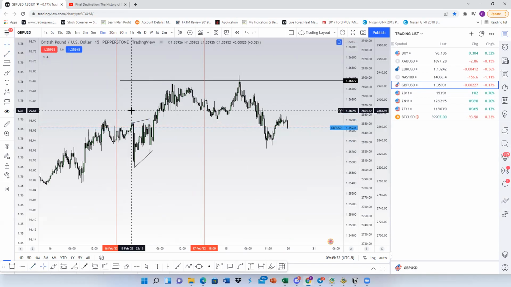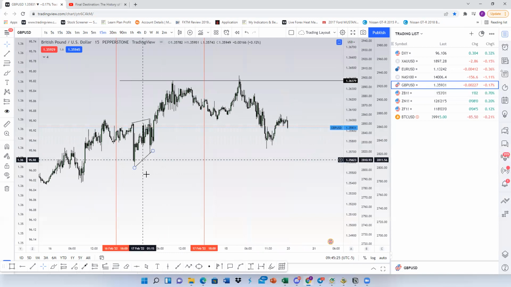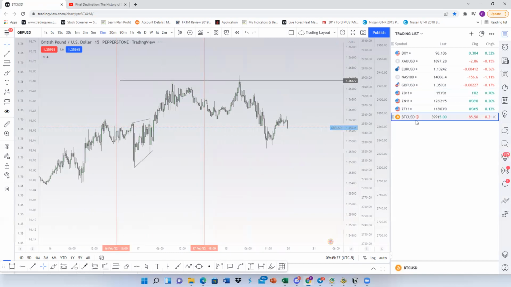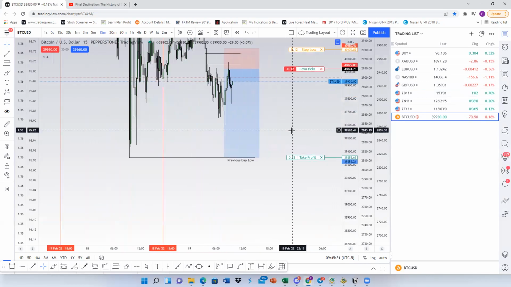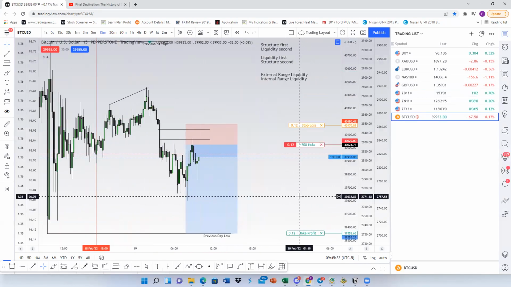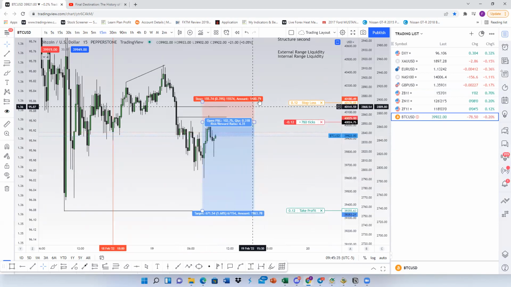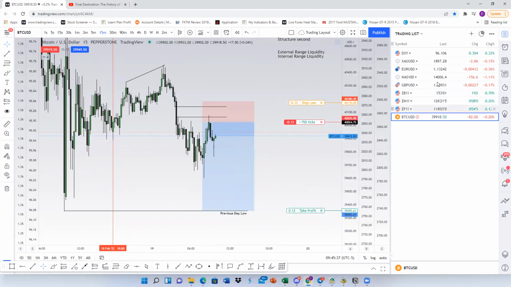What's this? Someone tell me. Oh, Bitcoin going higher. What are those symmetric lines I drew? Not symmetric. What was that pattern I drew? Here, right?